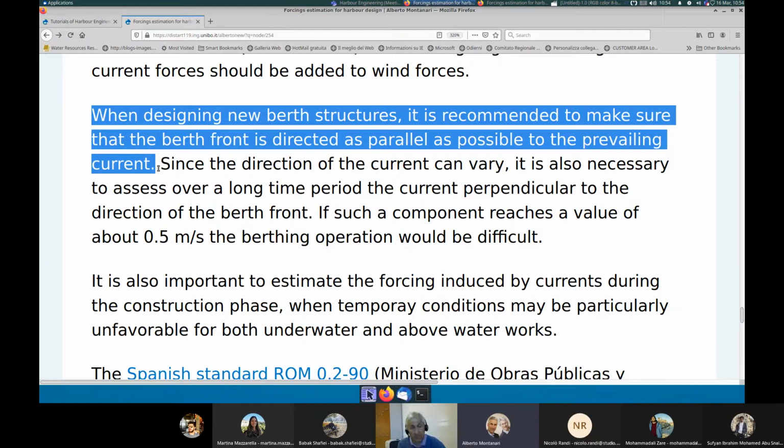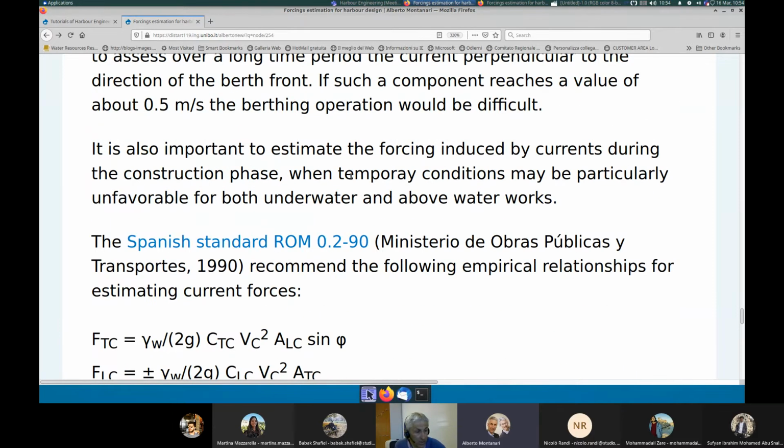And so you need observation of currents. You need to decipher what the behaviors of currents are, and then the suggestion is to make the berth front as parallel as possible to the current.